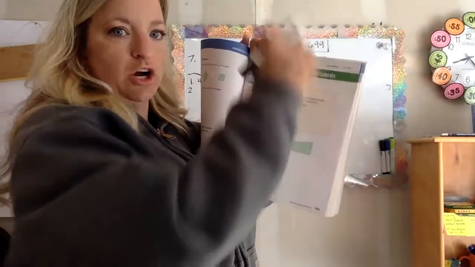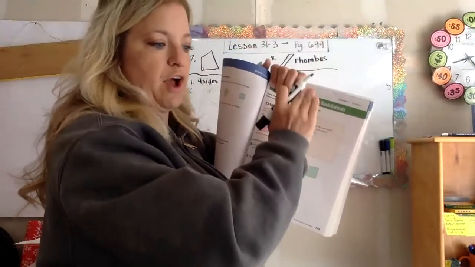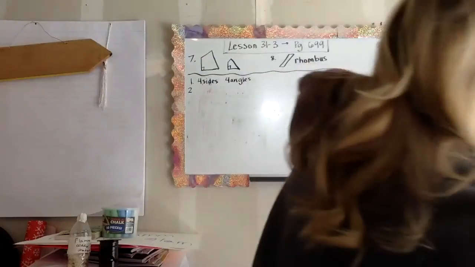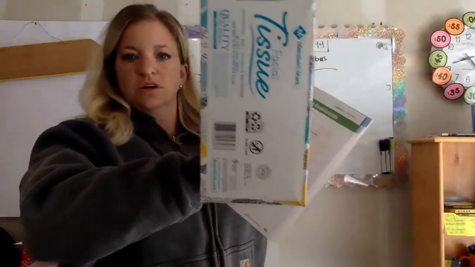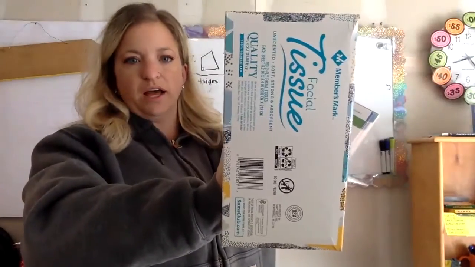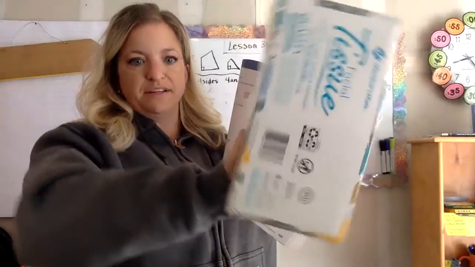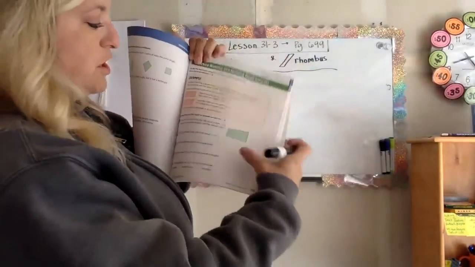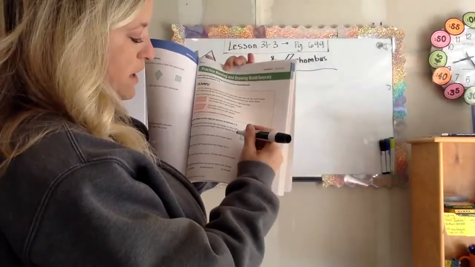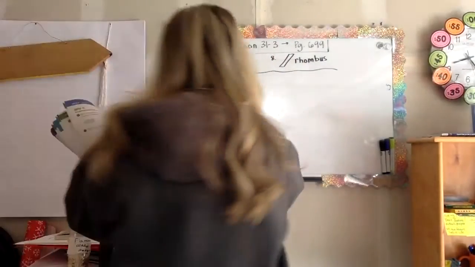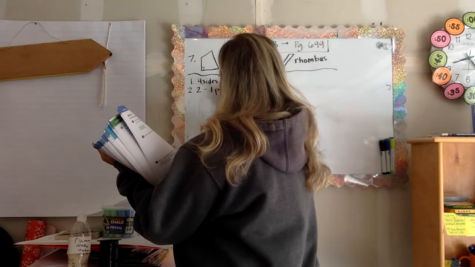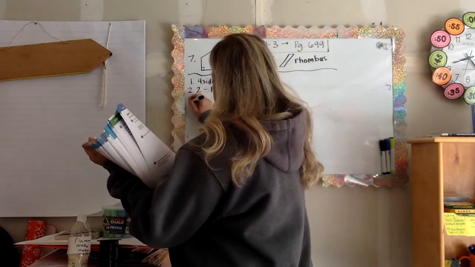Parallel lines are 2 lines like choo-choo train tracks that are never ever going to cross. So these are parallel lines on the top and the bottom and the side and side. They're never ever going to intersect. So this shape has 1 pair, 1, 2. So it's 2. Or you could say 1 pair, because a pair is 2.